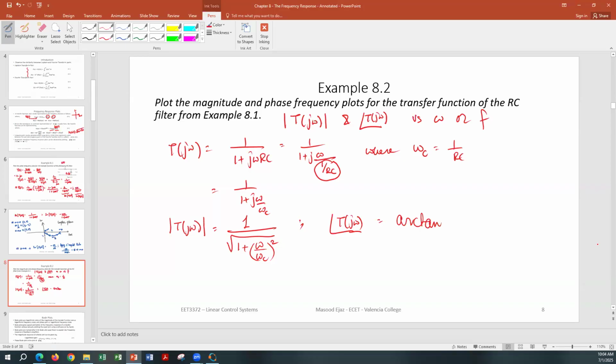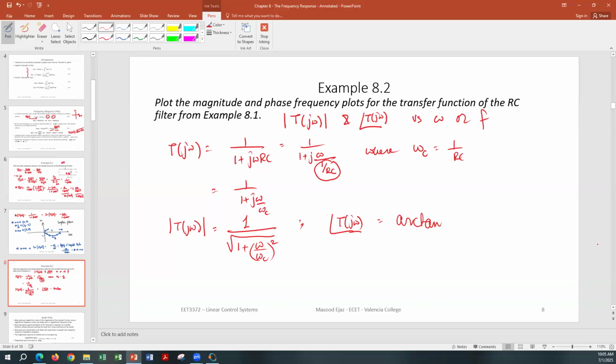How do you calculate the phase of a complex number that is given in a fraction, that we discussed? Phase of the numerator minus phase of the denominator. All right, what is the phase of the numerator?